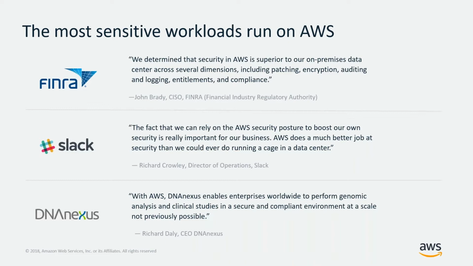For example, FINRA states that their security in AWS is superior to their on-premises data center across various dimensions. Other companies like Slack, DNA Nexus, Capital One, and many others have expressed similar sentiments. In combination with the native offerings provided by AWS, and the solutions that our APN partners like ThreatStack provide, our customers can confidently operate their environments securely within AWS.